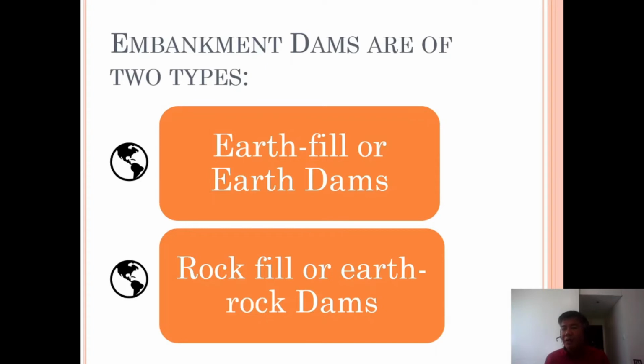For seepage, you have the permeability. With those parameters, you have to consider the materials themselves. For unit weight, you need a heavy material that can resist all the pressures acting on the dam. For permeability, you will be needing much compaction and so on.